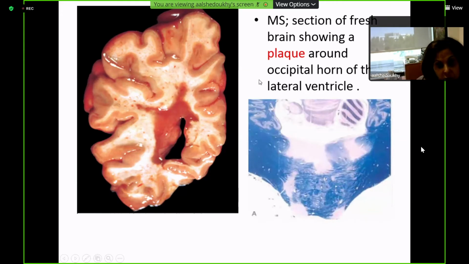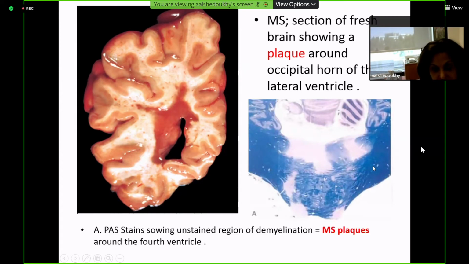This is an old section of the pons and of the fourth ventricle. And this is a special stain. This is a histological section. This is not a gross section. Histological section by PAS stain, periodic acid Schiff stain. It usually stains the lipid and the glycogen in the myelin sheath.